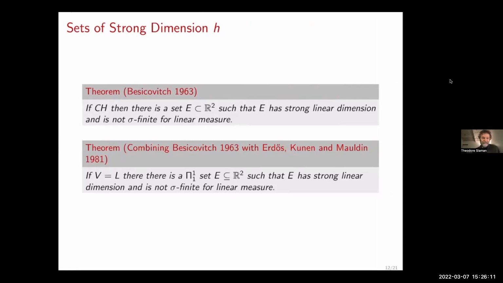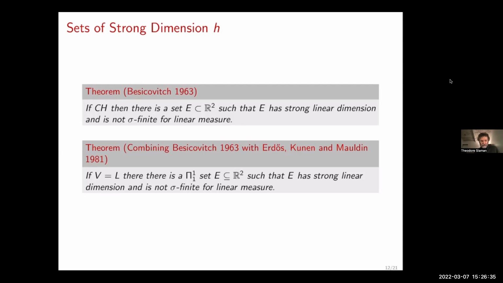Now the descriptive set theoretic upper bound. Besicovitch built the set to be an amalgamation of line segments.